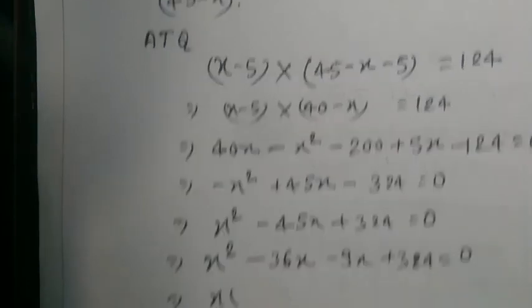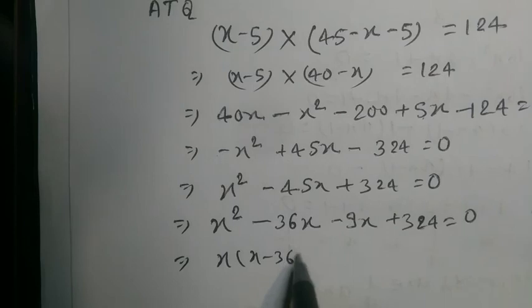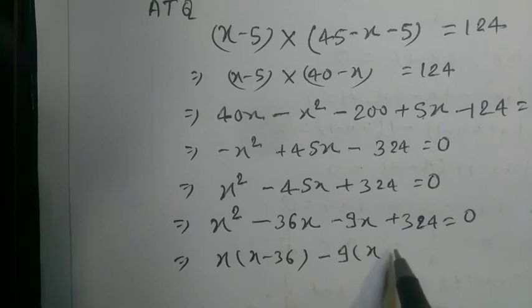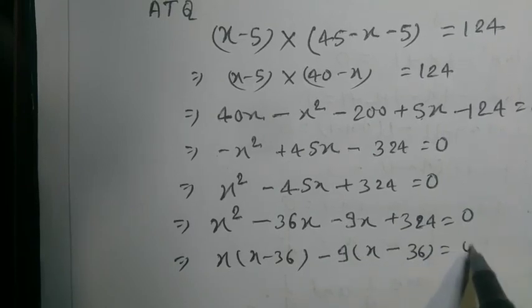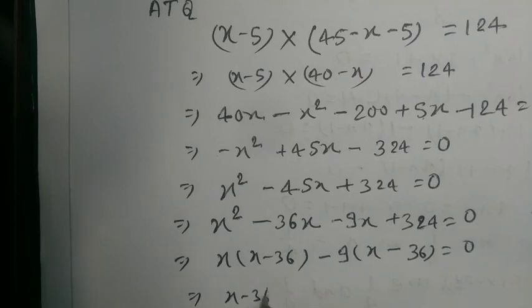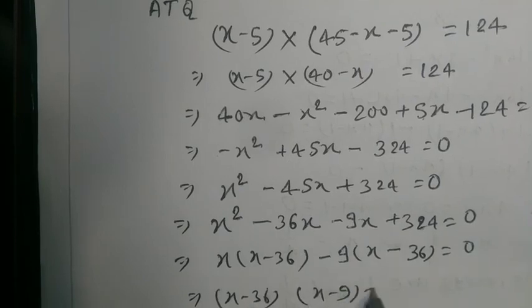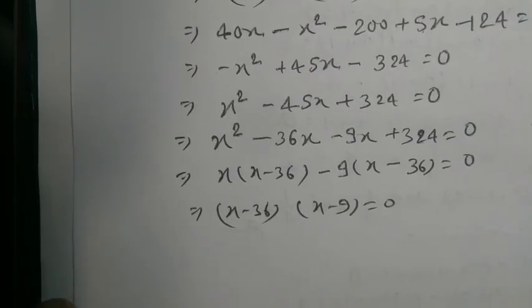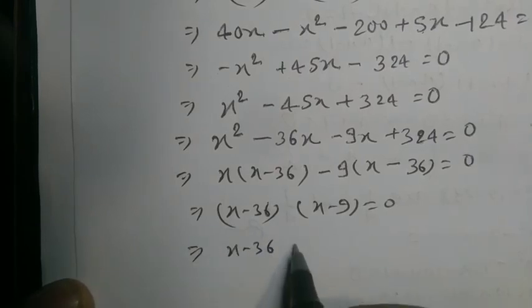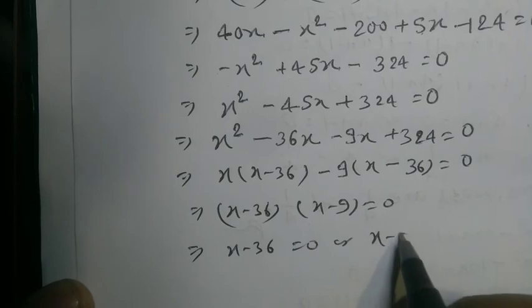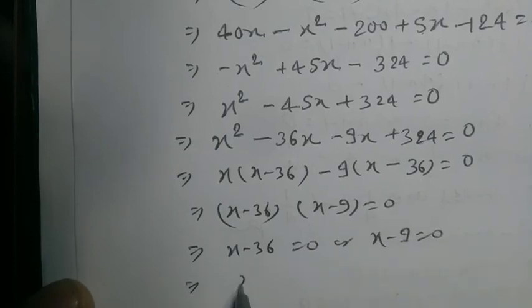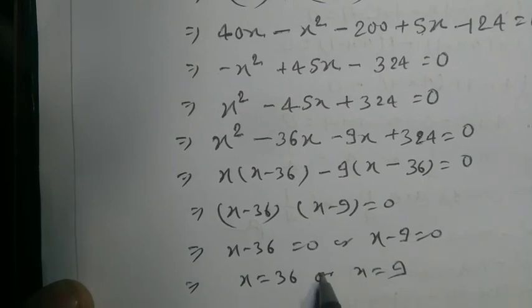Now x is common, then x minus 36, minus 9 is common, then x minus 36 is equal to 0. Now x minus 36 is common, then x minus 36 times x minus 9 is equal to 0. Implies x minus 36 is equal to 0 or x minus 9 is equal to 0, implies x is equal to 36 or x is equal to 9.